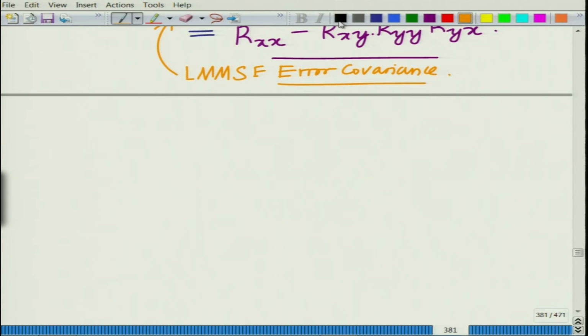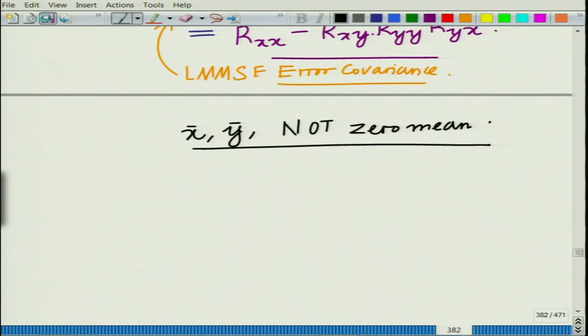And now, let us look at the other case, that is, generalize this when x bar and y bar are not 0 mean.